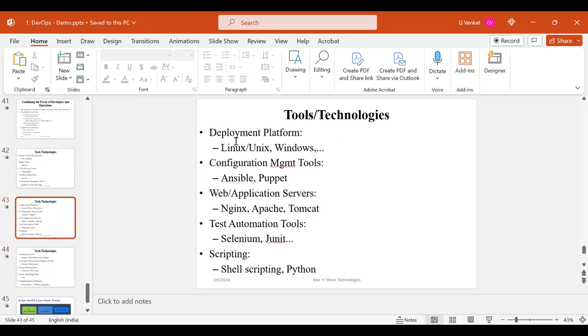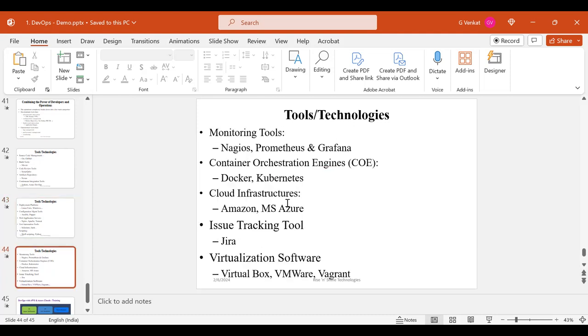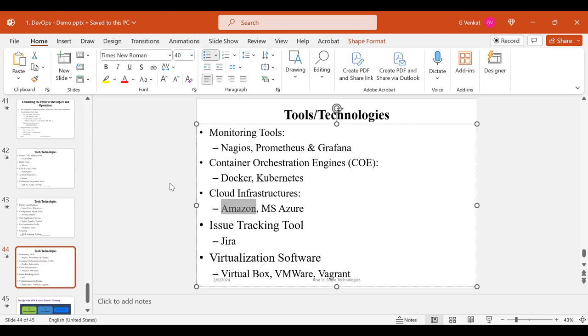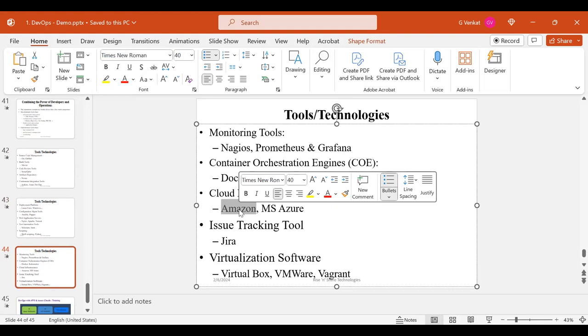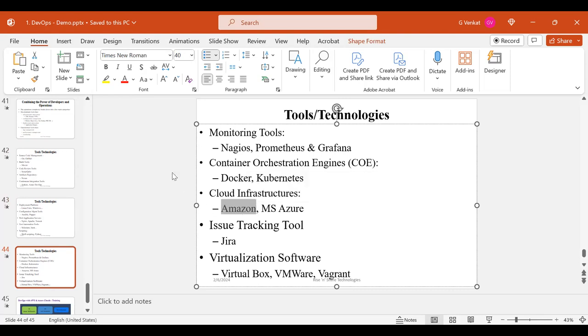So we'll come back to all these tools later, but tomorrow we are going to start with the cloud. The cloud infrastructure, that is Amazon. I'll share it.